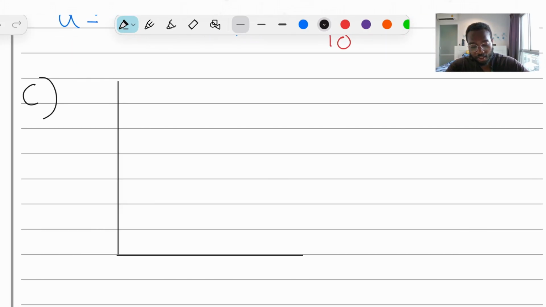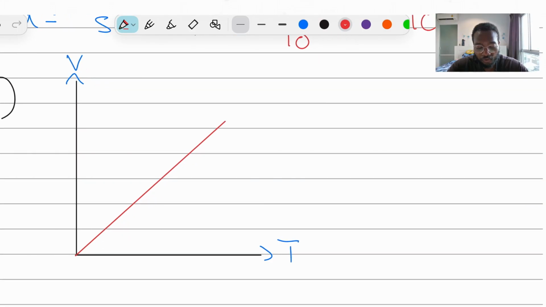So effectively, if we draw a velocity time graph, we know that this is our velocity, this is our t. It's just going to be a straight line like this, and this straight line represents our acceleration, which is going to be constant. This will be before it hits the pulley, so it will just be a constant line like this. Then you need to justify your answer.